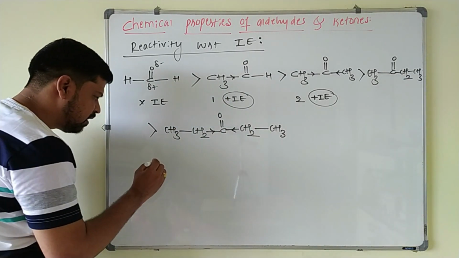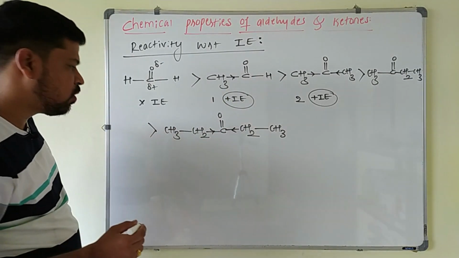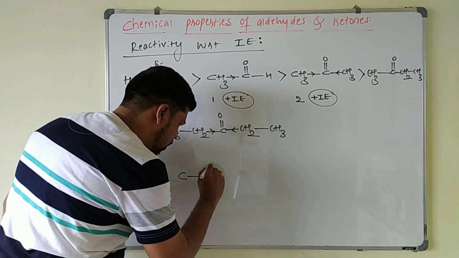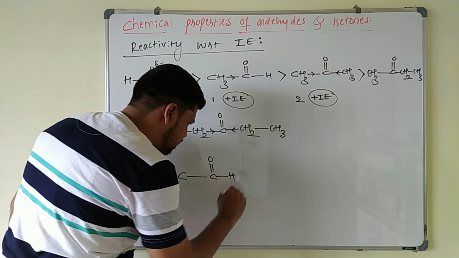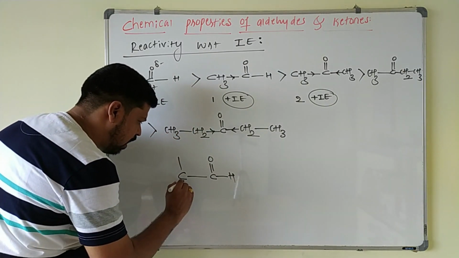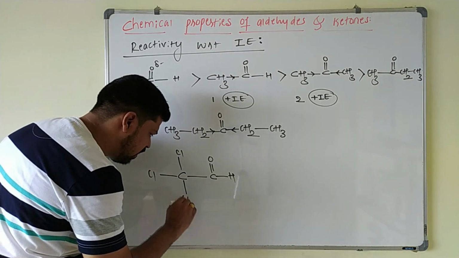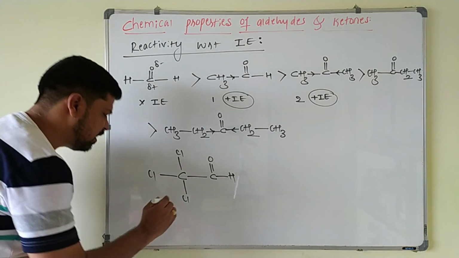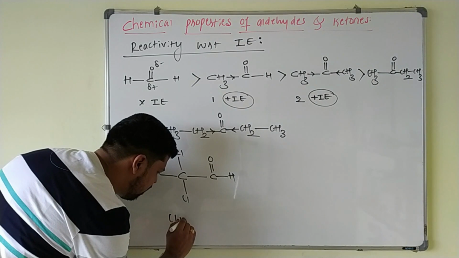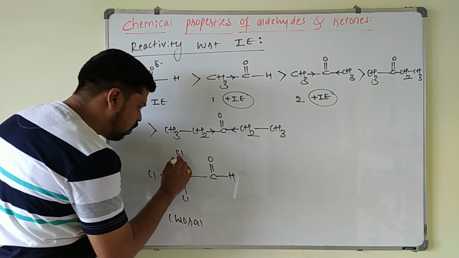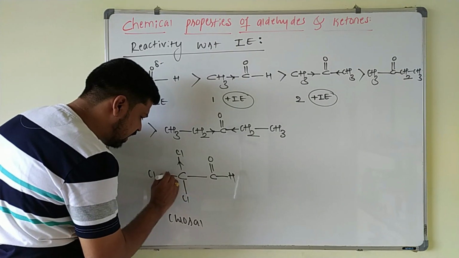Next this trichloroacetaldehyde is called chloral. If I take like this, C double bond O H, instead of 3 hydrogens I will attach 3 chlorines here. This is also chlorine, this also chlorine, and this also chlorine. This is called chloral. Here this chlorine being more electronegative attracts electron density like this.